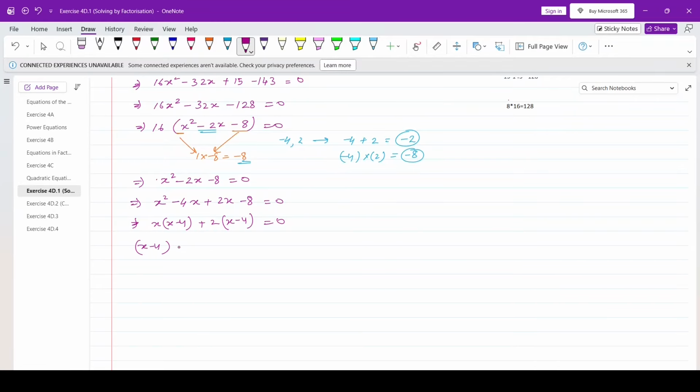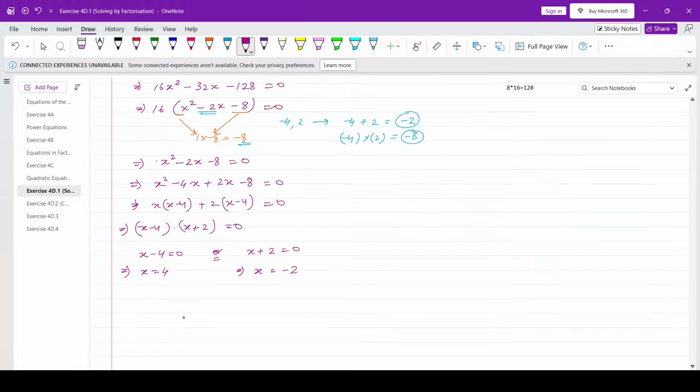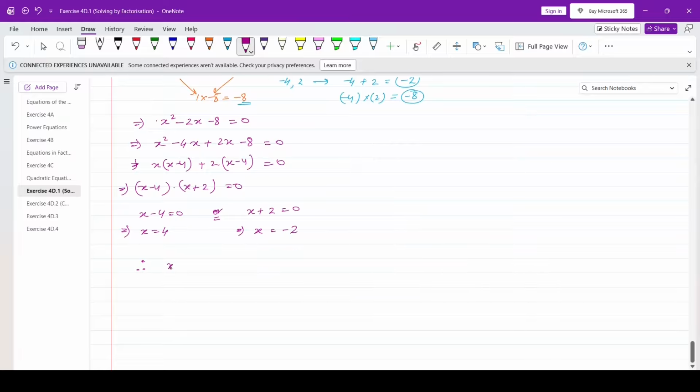So x minus 4 times x plus 2 is equal to 0. Hence either x minus 4 is 0 or x plus 2 is 0. Therefore, x is equal to 4 from here and x is equal to -2 from here. Or we can say x is equal to 4 or -2.